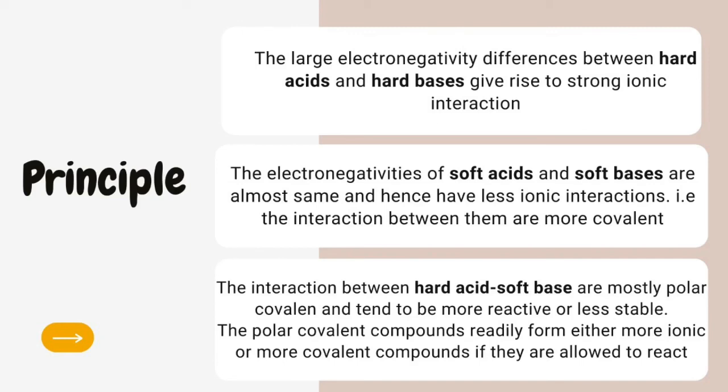First, the large electronegativity difference between hard acids and hard bases gives rise to strong ionic interaction. Second, the electronegativities of soft acids and soft bases are almost the same and hence have less ionic interaction. For example, the interactions between them are more covalent.